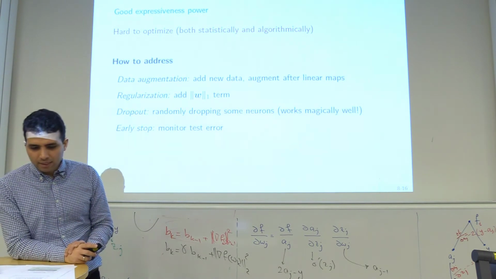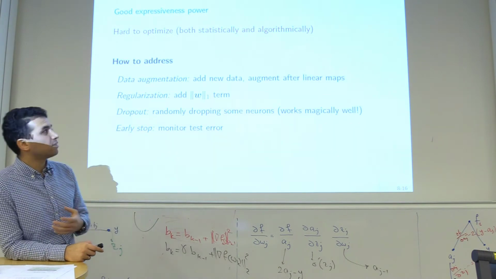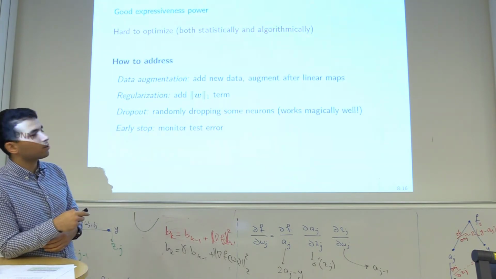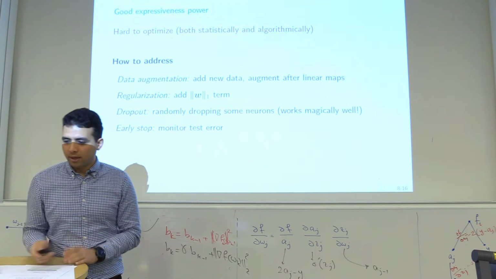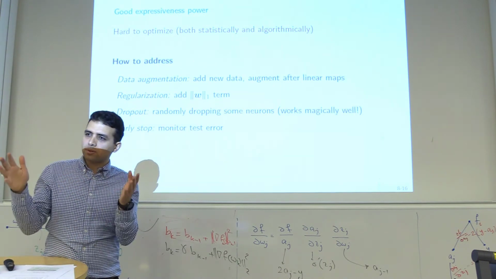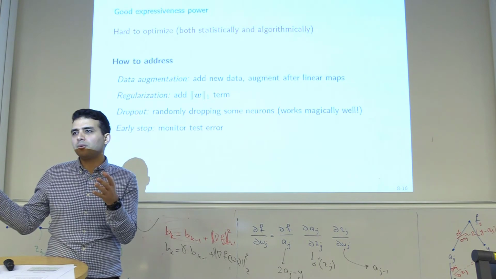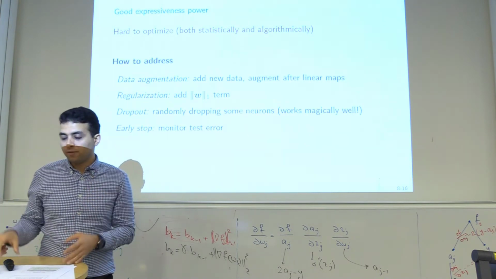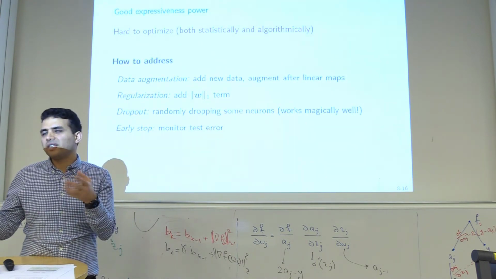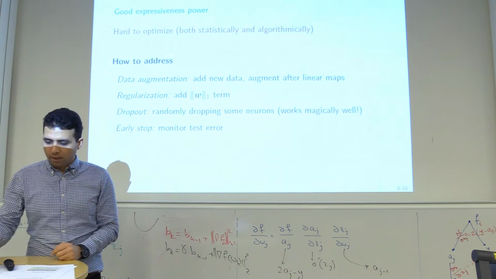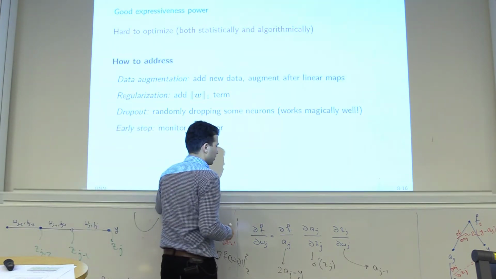Early stopping has nothing to do with statistical learning; it's more about the algorithmic part. You're going to be close to the solution, but the solution you end up at would be over-parameterized, an overfitted solution anyway. We do have this famous curve.